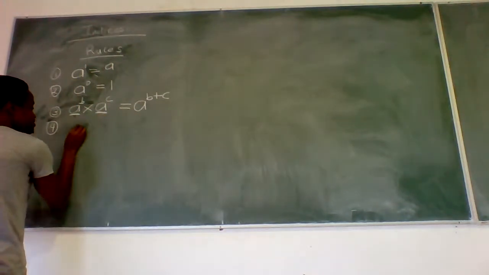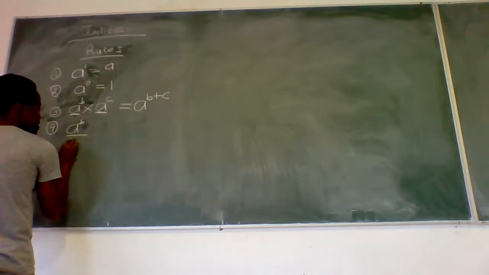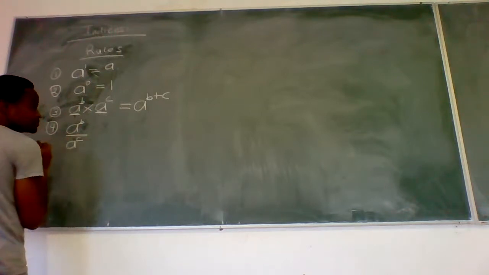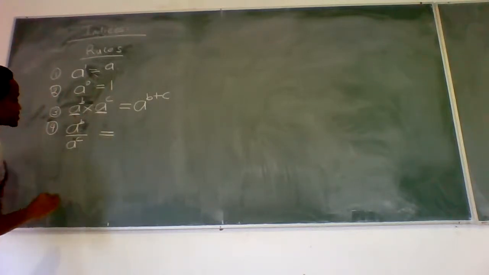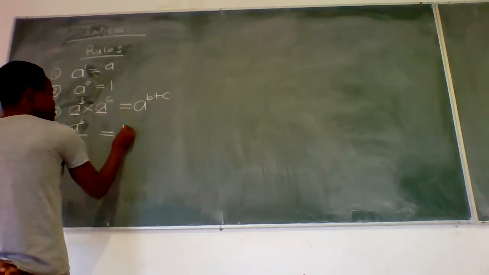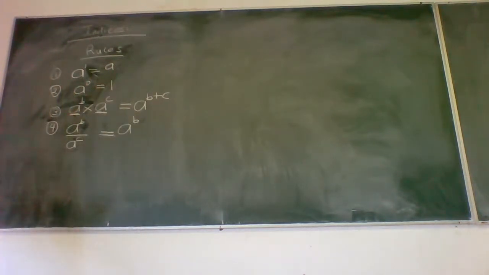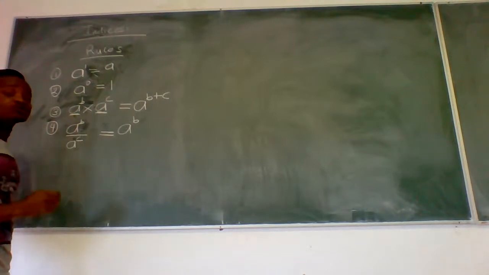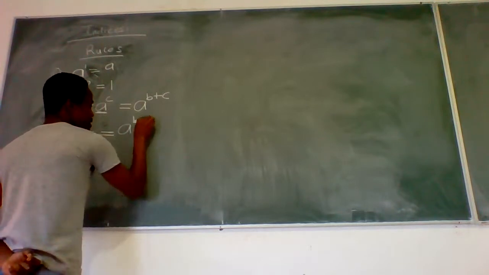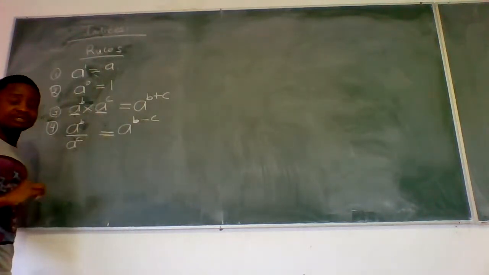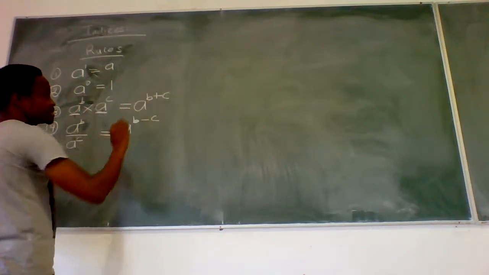So A exponent B divided by A exponent C. This rule says you maintain the numerator, A, since the bases are the same, you write it once and then you subtract the exponents. So we have B minus C. This is for division and multiplication.